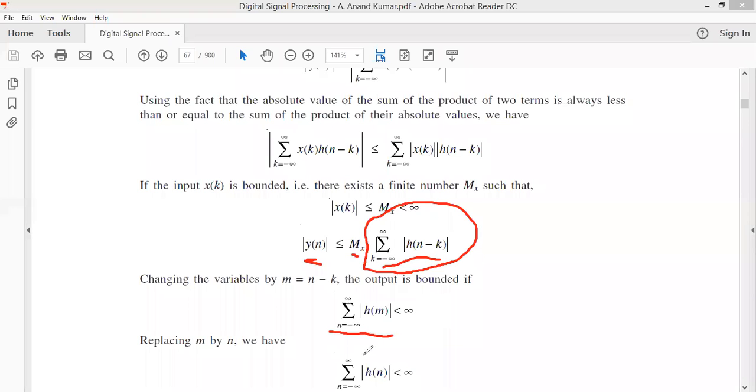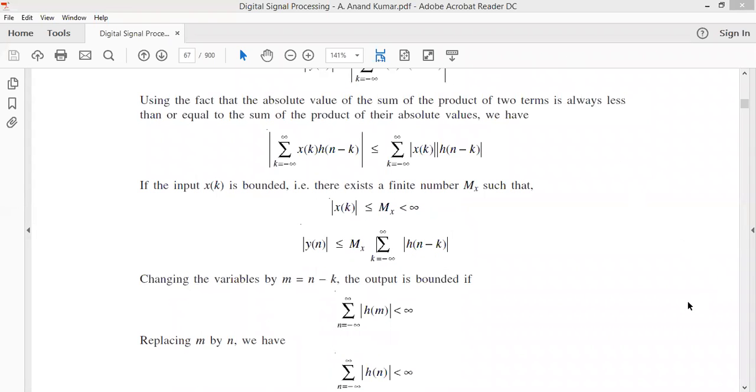Now we replace m with n, so that the summation from n equal to minus infinity to plus infinity of |h[n]| should be less than infinity. If this condition is satisfied, then only if you apply a bounded input will you get a bounded output. Otherwise, you will not get a bounded output.